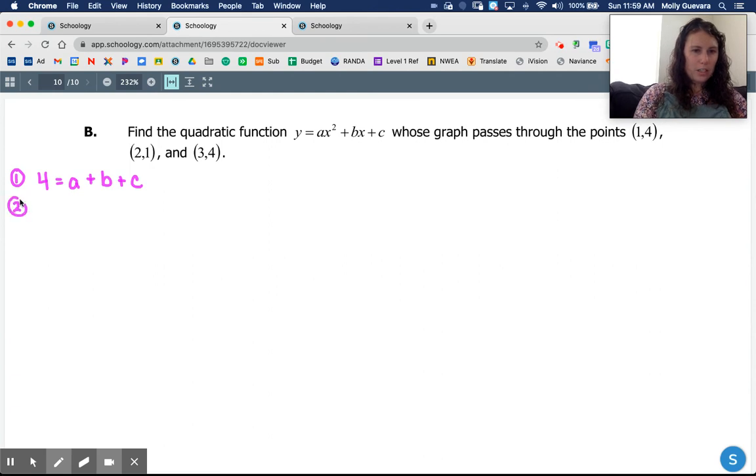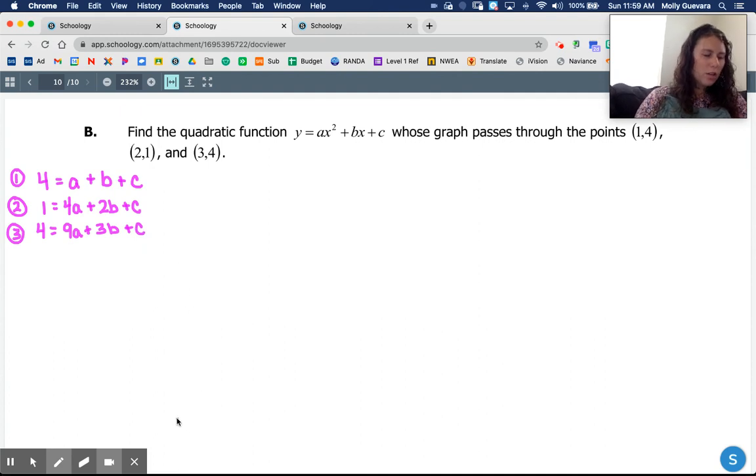For equation 2, my y is 1, my x is 2, so that would give me 4A plus 2B plus C. And then equation 3, my y is 4 again, and my x is 3, so that's 9a plus 3b plus c. So hopefully those are the equations that we got.